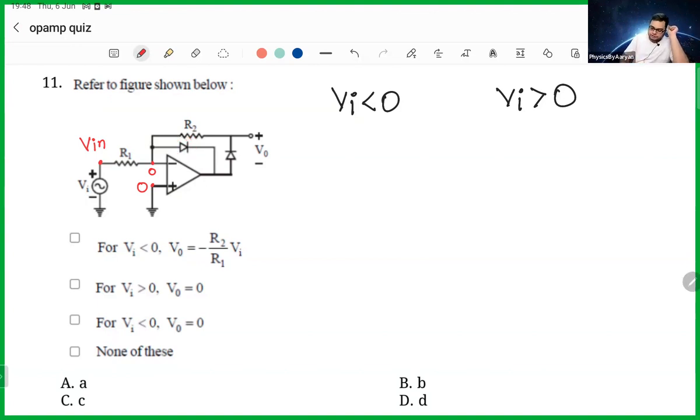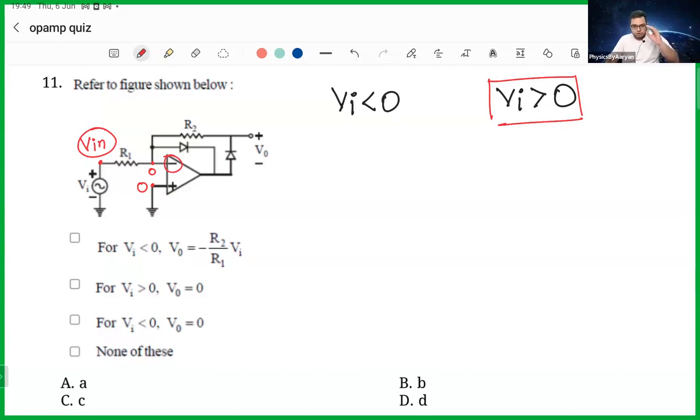If the V input is greater than 0, so let's say the V input is greater than 0. Now think about the two terminals. So I give a positive voltage. And I am giving my positive voltage to the non-inverting terminal. Sorry, I am giving my positive voltage to the inverting terminal. So what does the inverting terminal do? It makes a positive voltage a negative voltage.